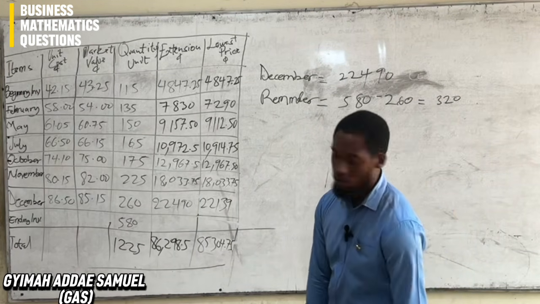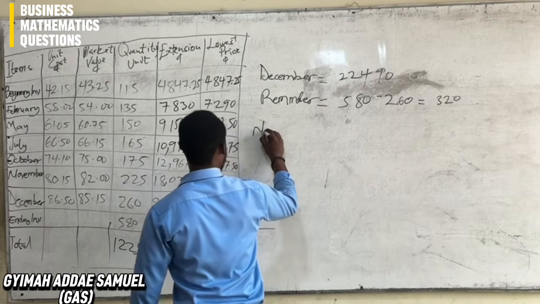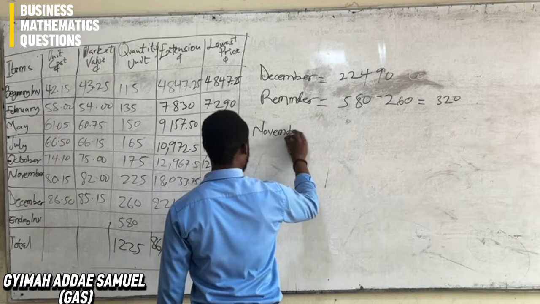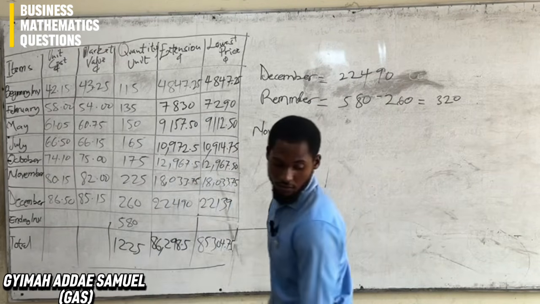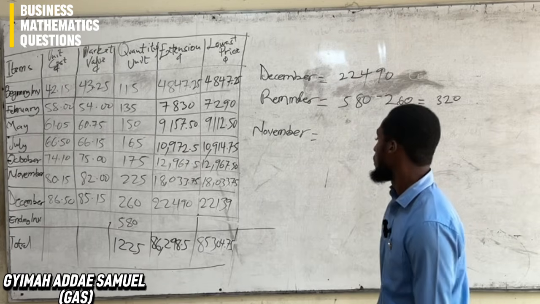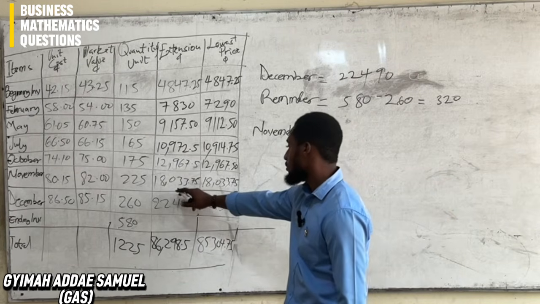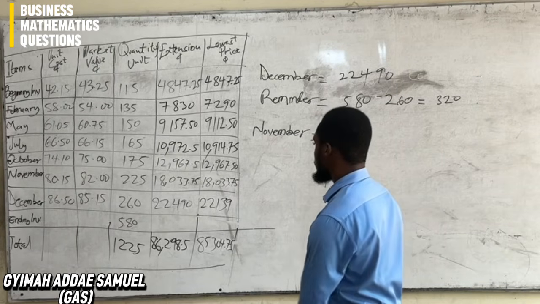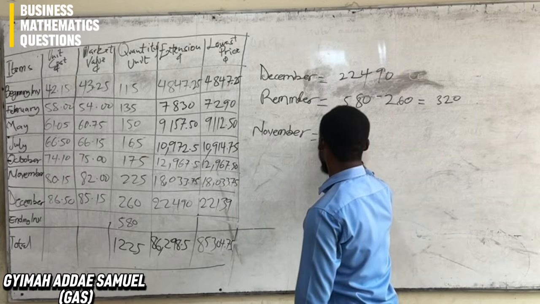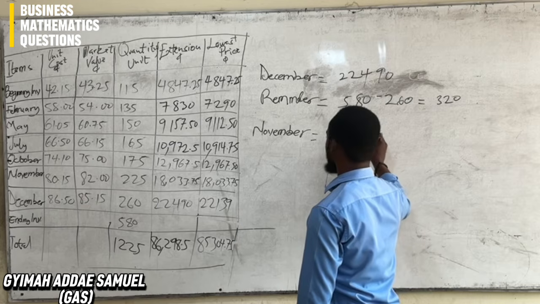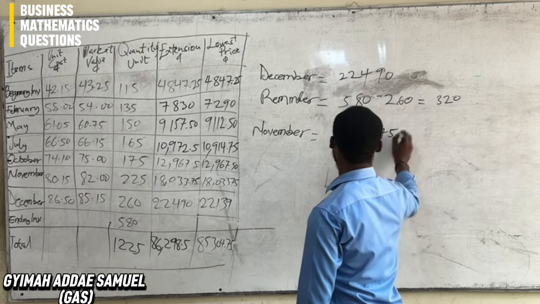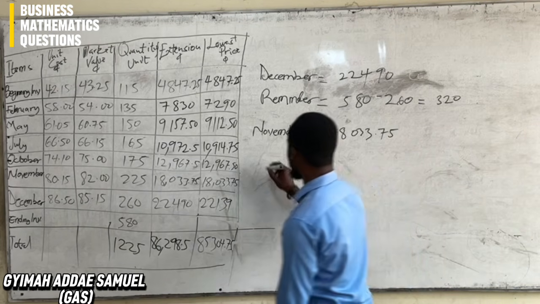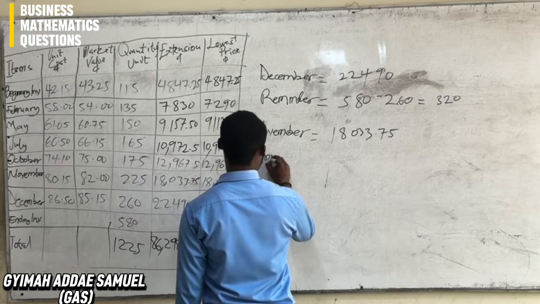We proceed to November. With November, we are getting 18,033.75. We will have to find the remainder for November as well.